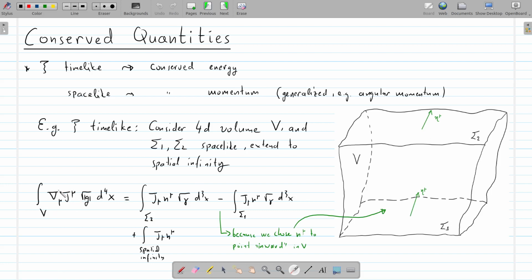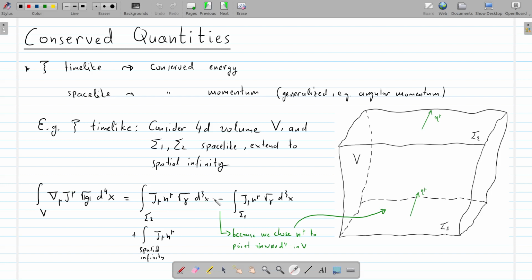Then the integral of the divergence of J mu is by Stokes' theorem equal to the flux of J mu going outside the surface that is the boundary of the volume V. And the boundary of the volume V is nothing but the two space-like surfaces, sigma 1 and sigma 2, and the surfaces here that are found in spatial infinity.